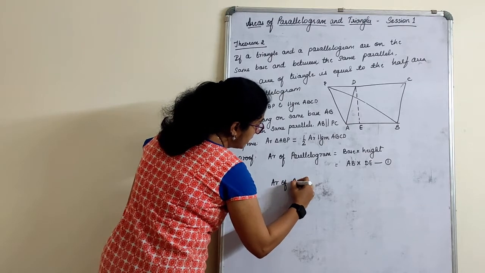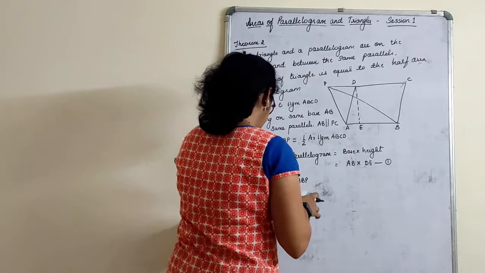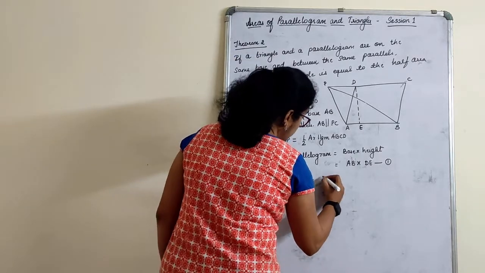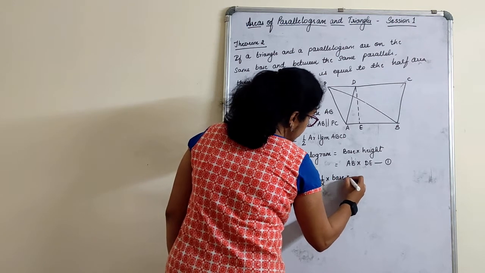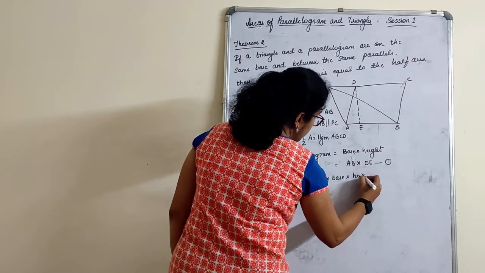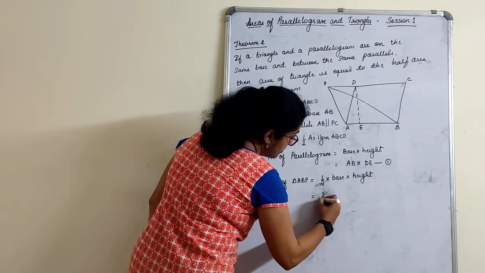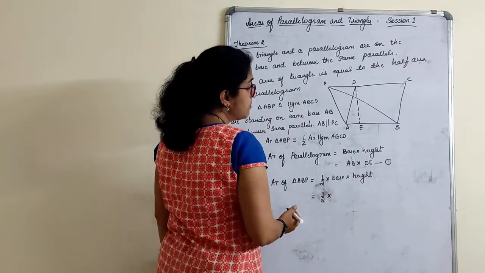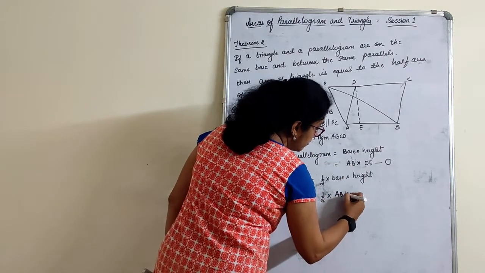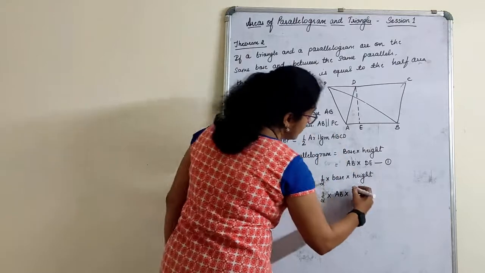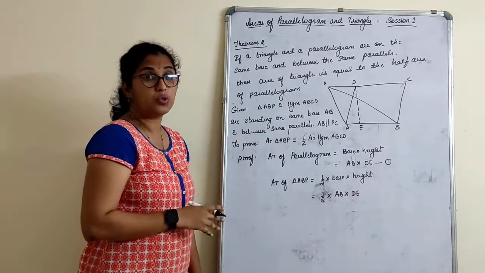Next. Area of triangle ABP is equal to half into base into height. Half as it is, into. What is the base of the triangle here? It's again AB. What is the height of the triangle? It is DE. But what is AB into DE?